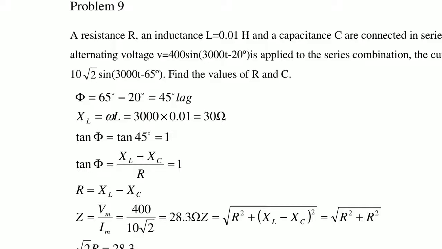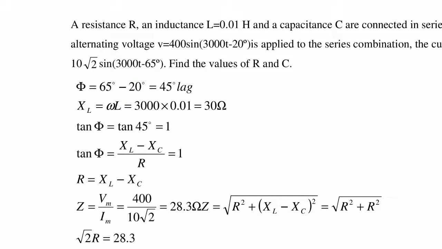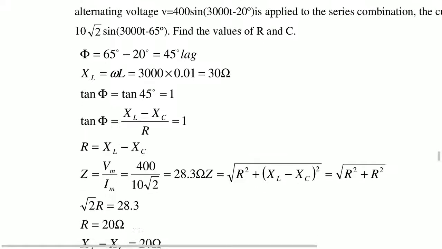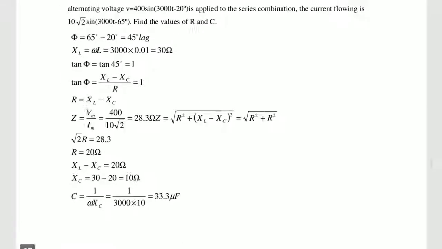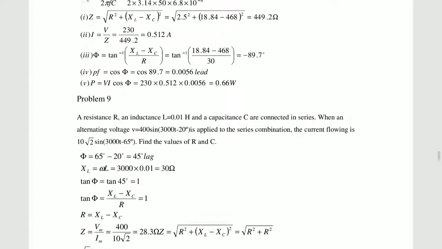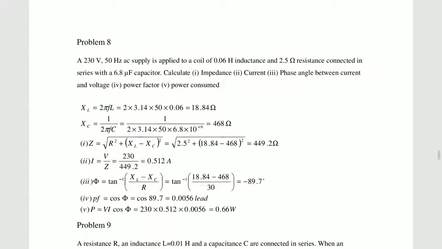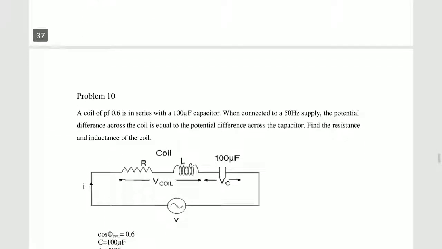In the current, the minus angle is more than the voltage angle, so we can say the nature of the circuit is inductive. By observing these two problems, we can solve them, and also observe which is the inductive circuit and which is the capacitive circuit.